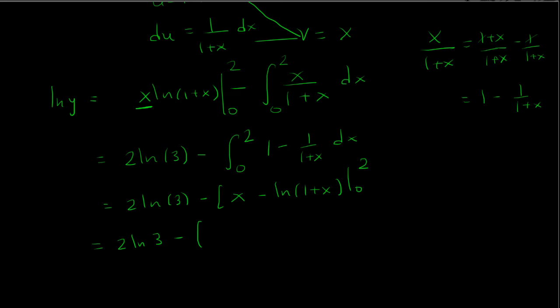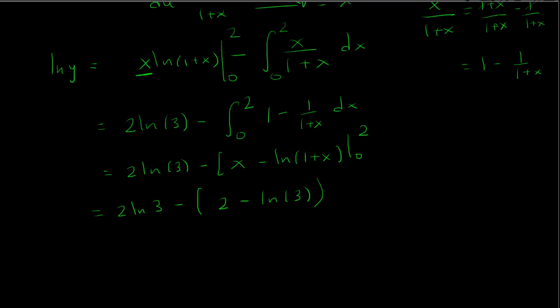Okay, then now it's going to be minus, I'm going to plug in 2, and then minus, if I plug in 0, that's just 0, so I'm not going to bother. Okay, and I have, let's see, 2 ln 3 minus negative ln 3. That gives me 3 copies of ln 3. And then minus 2. So that's all equal to ln of y.